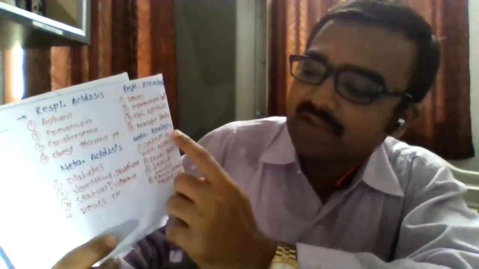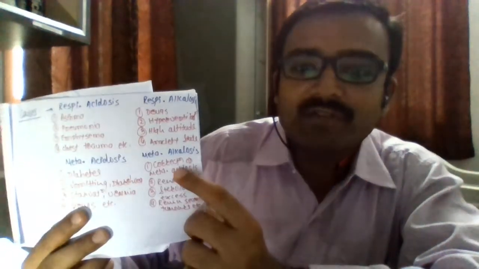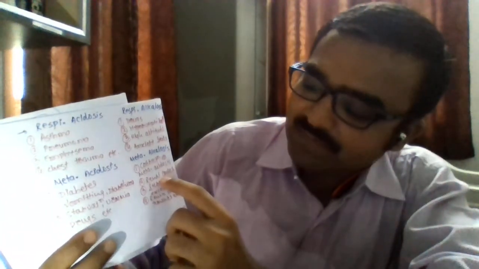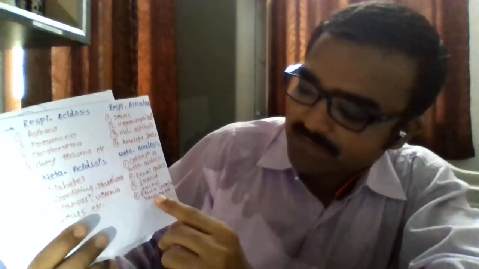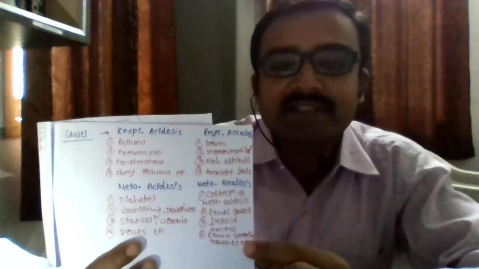Similarly, metabolic alkalosis can occur as a consequence of treatment of metabolic acidosis, as well as because of some renal causes, certain drugs like steroids, and because of renin secreting tumors.